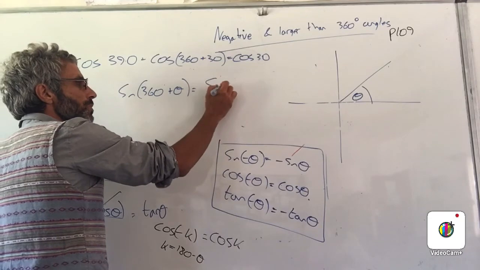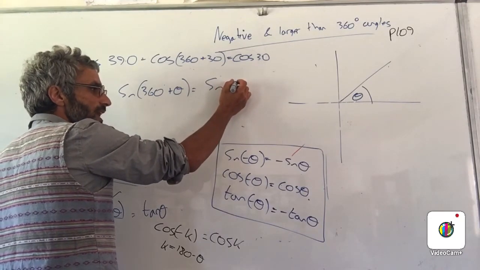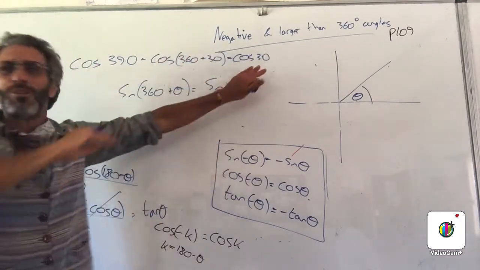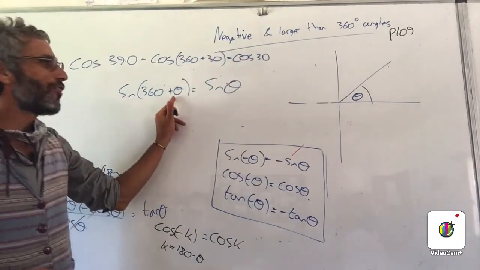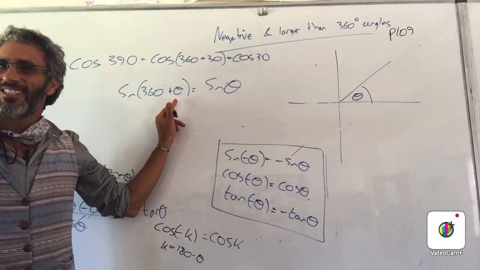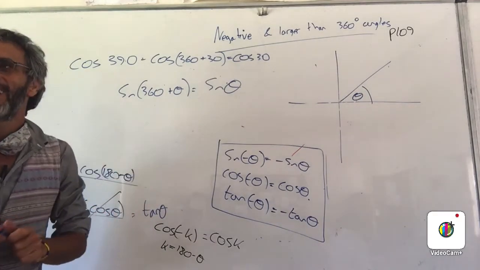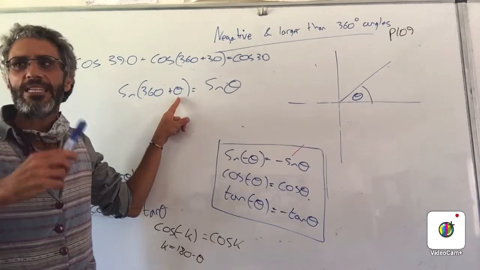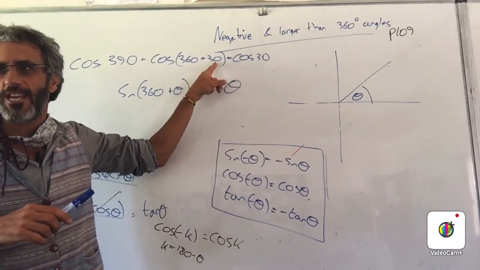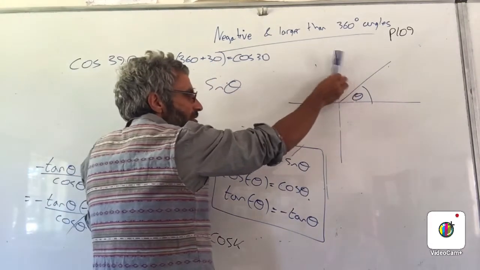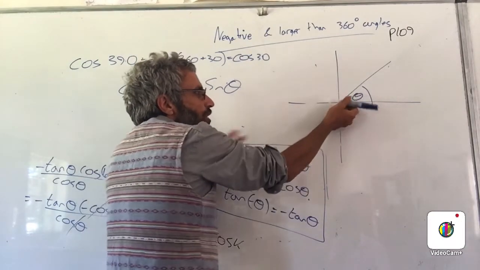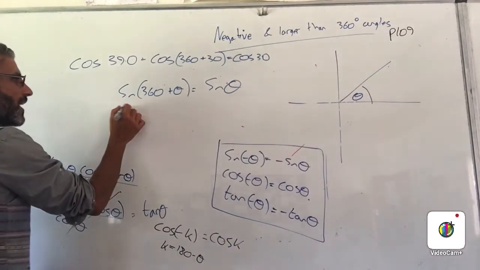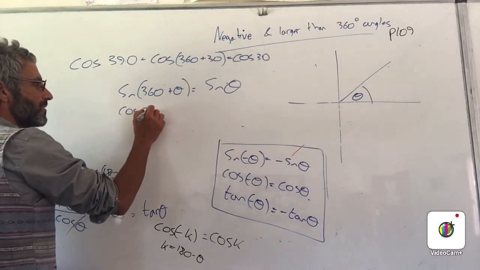Sine plus 30 gives sine 30, but 30 was an example for theta equal 30. If I went 360 plus theta, I could have just gone theta and not do the 360. Now, we can have a similar one for cos and tan.